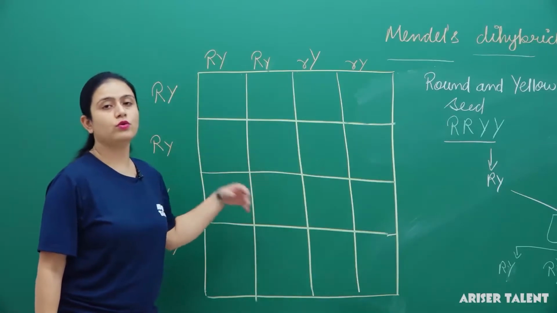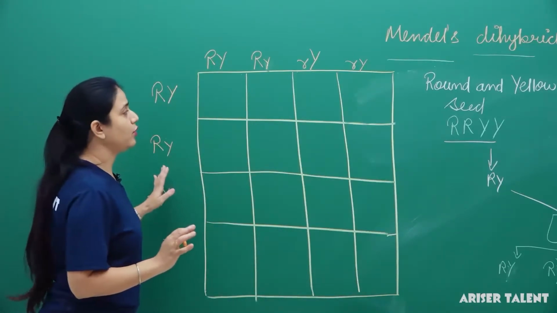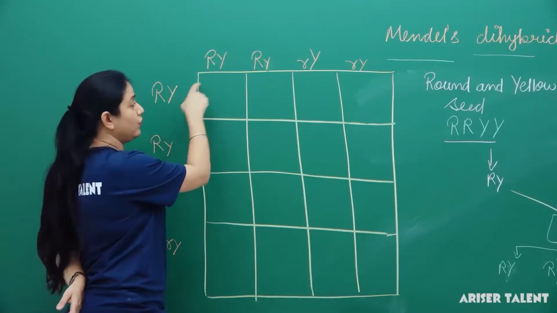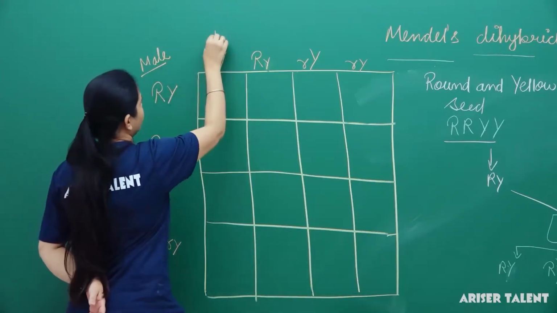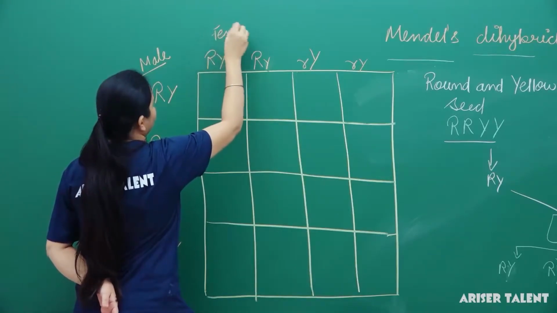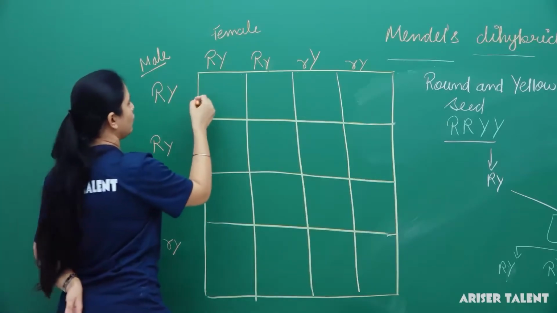When he allowed the F1 generation plants to self-pollinate, what was the result here? Means this male gamete did the self-pollination with the female gamete. So during the self-pollination, what was the result?